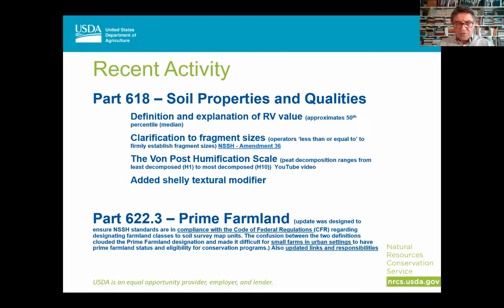So if you just Google Von Post humification, how to do it, that should come up. A new textural modifier has been added, Shelly, whenever there are a lot of coarse fragments composed of shells. And a little bit of rewording of the prime farmland as it related to small farms and urban settings.